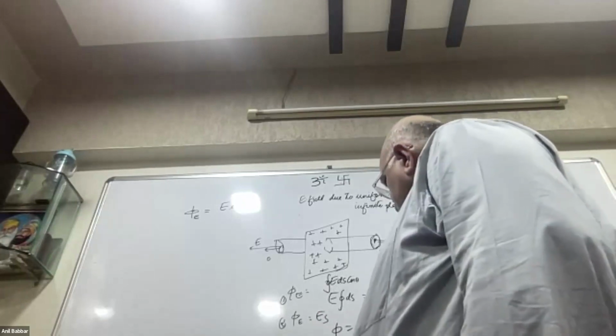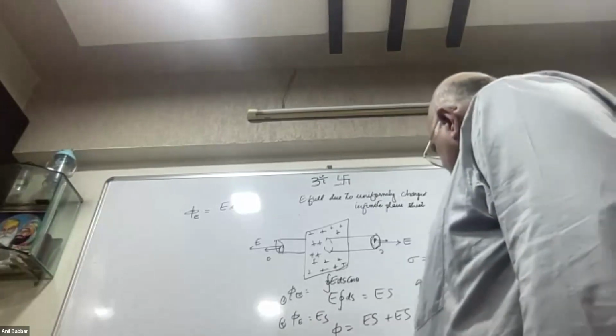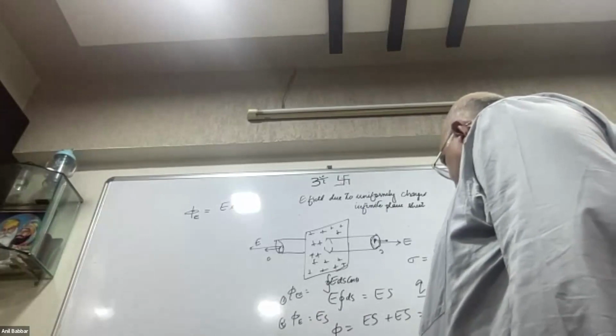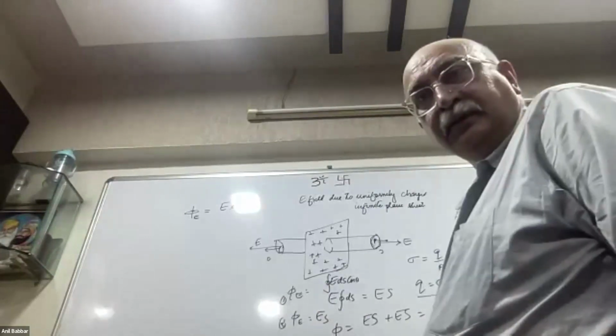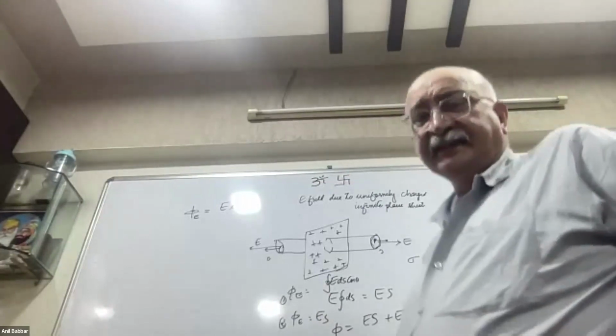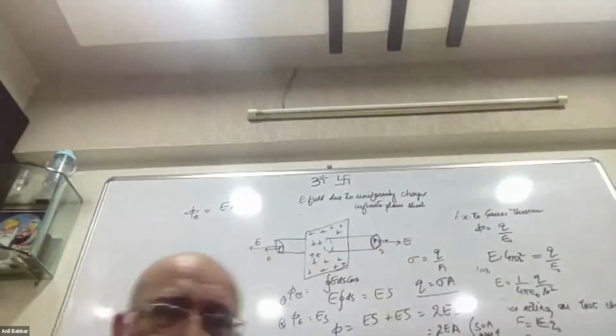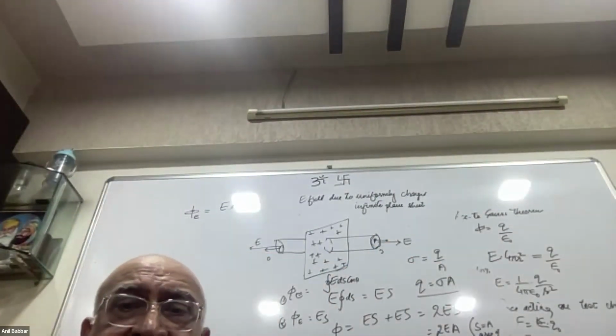Right? This A goes with this. So we have electric field equals sigma by 2 epsilon naught. Right? This is the formula. This is the electric field due to a uniformly charged plane sheet.